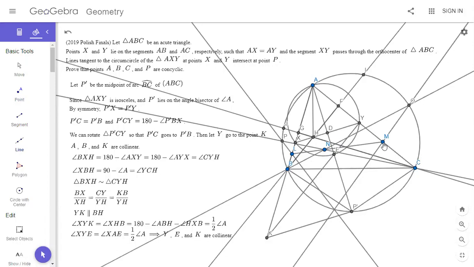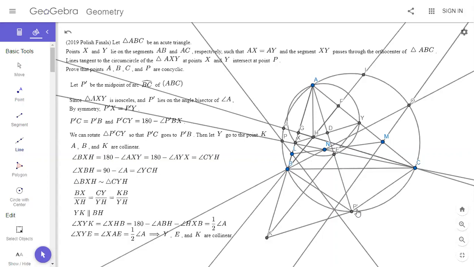So do we even need... I'm trying to see where we even use that H is the orthocenter. Oh, because we need to know that they're tangents. Okay, so yes.